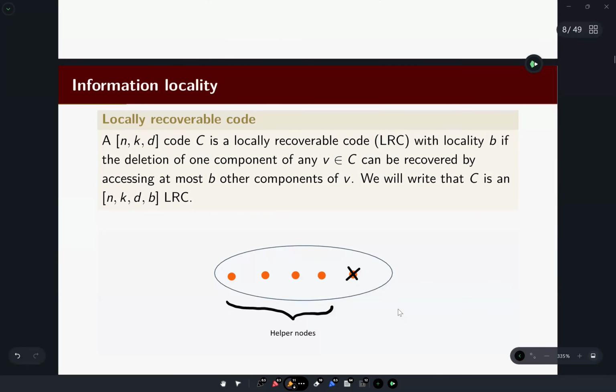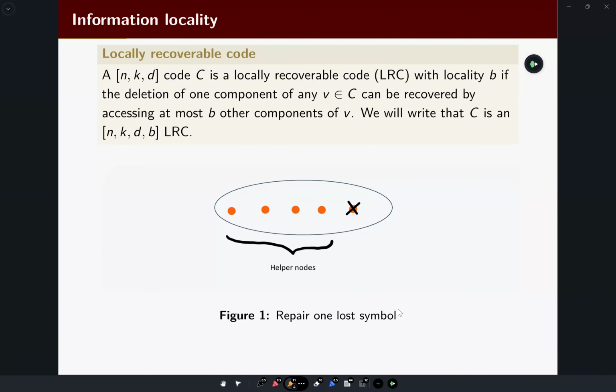But in this case, since we are not interested in a transmission of information, but just in a storage of information, we have an additional property that we know where the missing element is. And when we want just to retrieve an information that we know where it is, but we just cannot access, then we will speak about erasure repairing, okay?